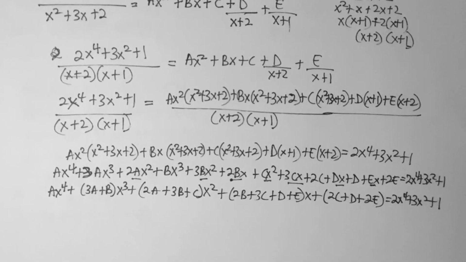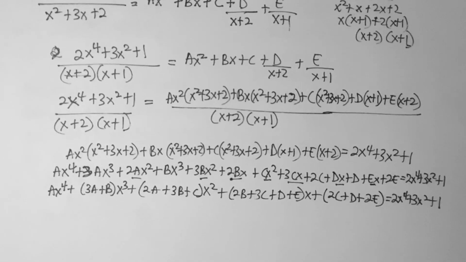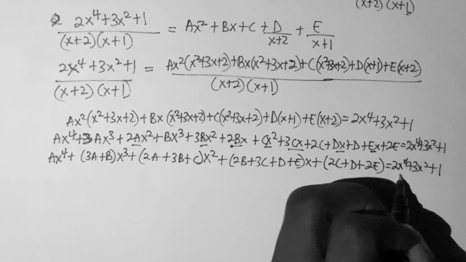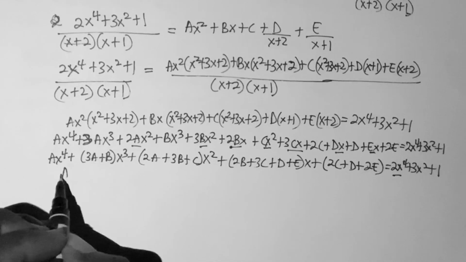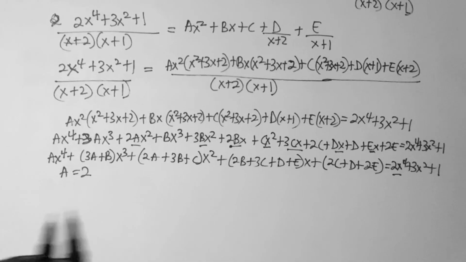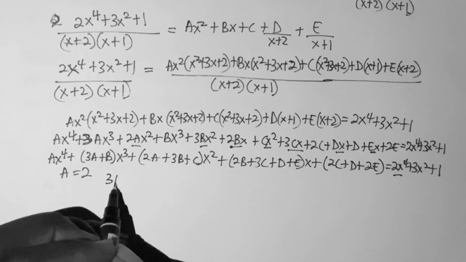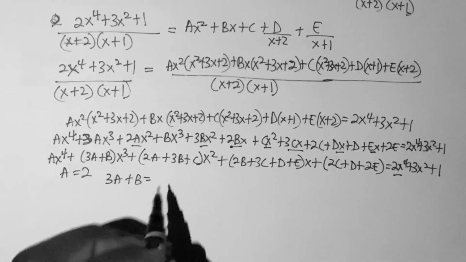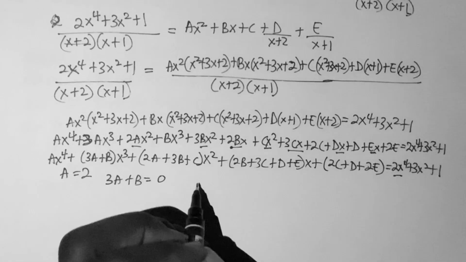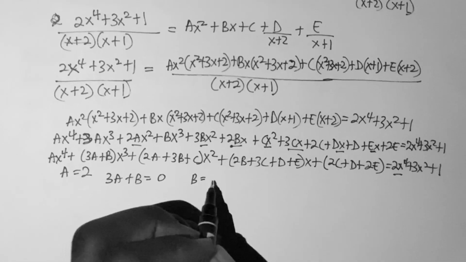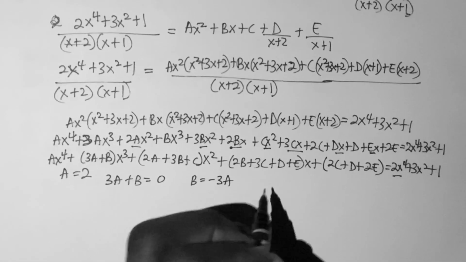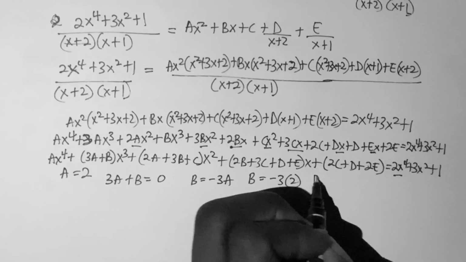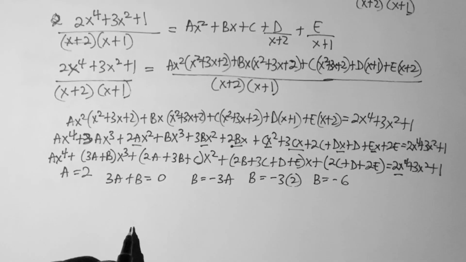So from here, we can then write our system of simultaneous equations. Outright, here's 2x^4, so a is equal to 2. Now, 3a plus b is equal to, there's no x^3, so that will be 0. And therefore, b is equal to minus 3a, so b is equal to minus 3 times 2. Therefore, b is equal to minus 6.